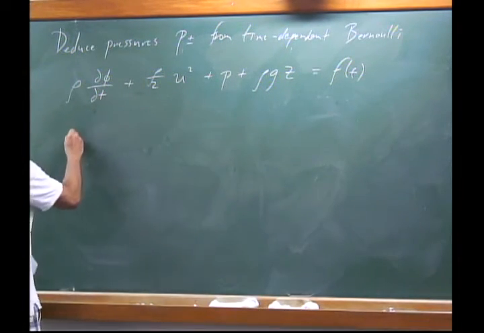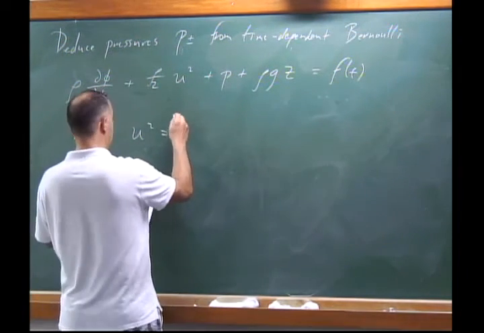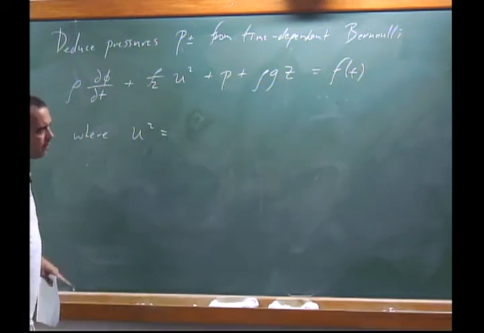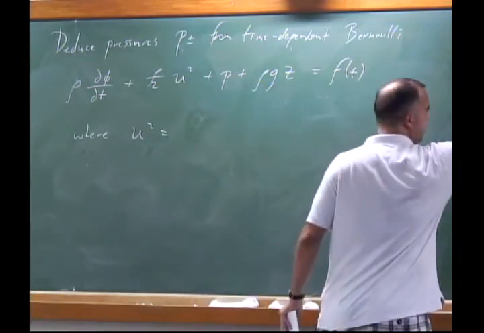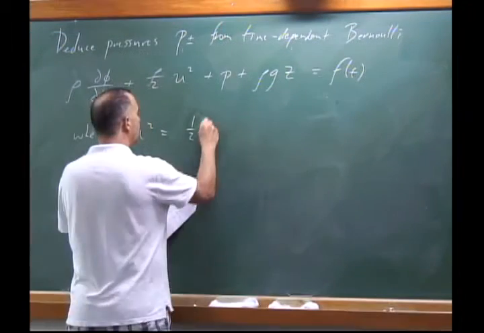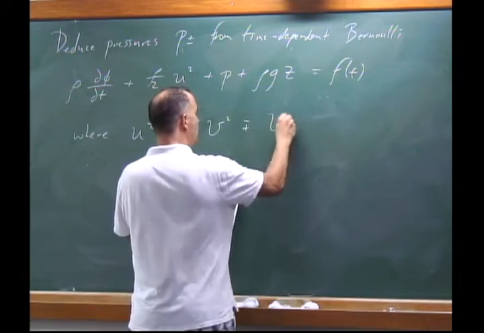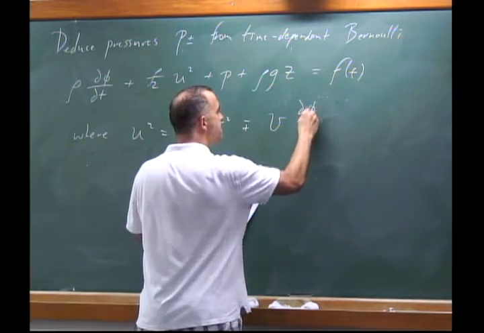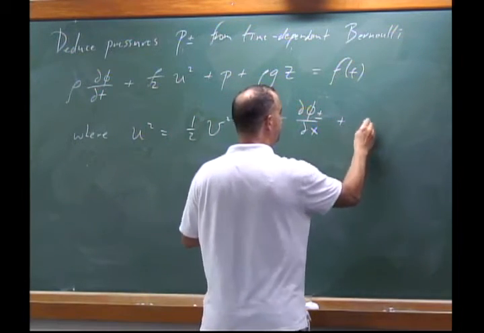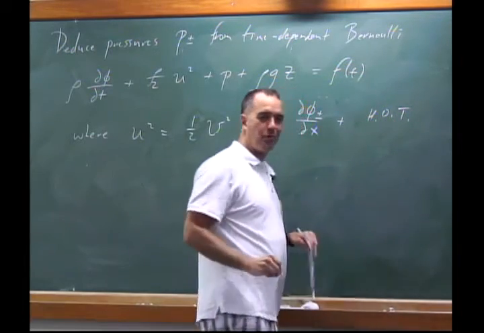Okay, so here our velocity, so we basically take the square of our velocity, which is the gradient of this thing, squared, so it gives us 1/4 u squared minus plus u. So this is linearizing, plus higher order terms.